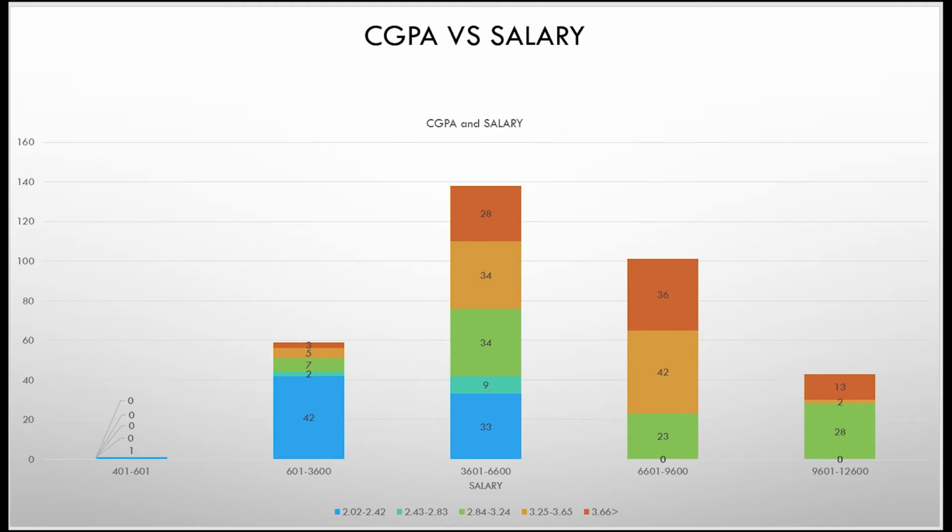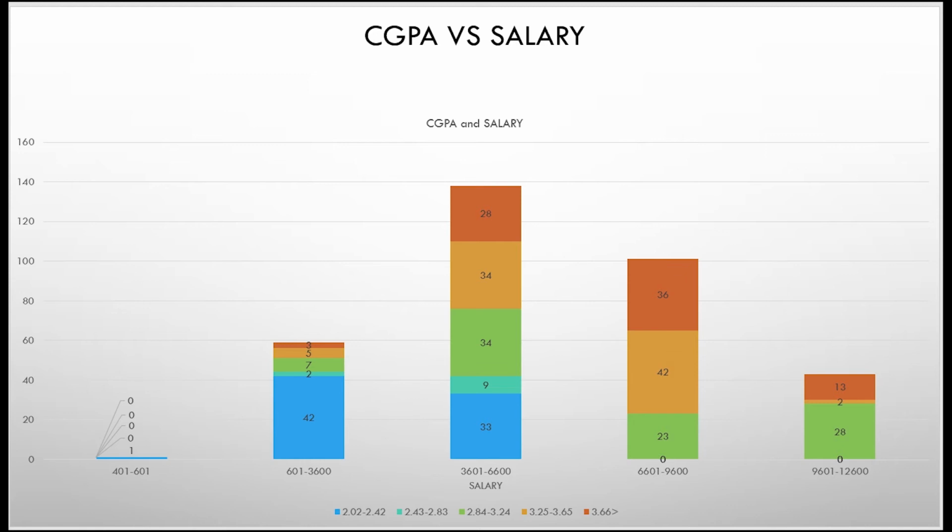To compare between CGPA and salary, we conclude all the data following and plot it into the bar below. Based on the data, the highest is the 2.02 till 2.42 interval of CGPA, which has a salary of ringgit Malaysia 601 till 3,600, and the second is the 3.25 till 3.65 interval of CGPA, which has RM 6,601 till 9,600.